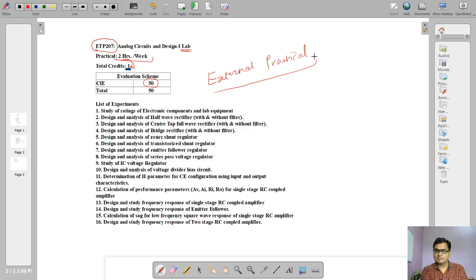If I conduct your examination, that will be an internal practical examination. But for this ETP203, it's not me or any other faculty from our institute. The person who does not belong to our institute will come and conduct your examination. So this is called external examination, and for this subject you have this external examination.